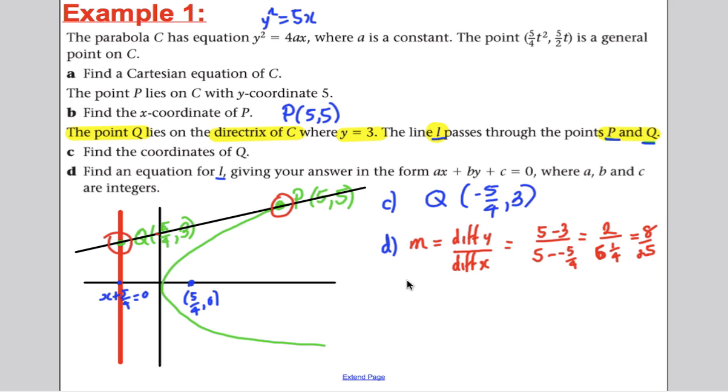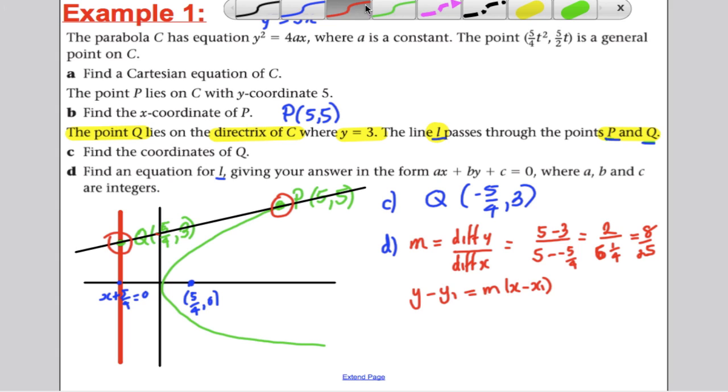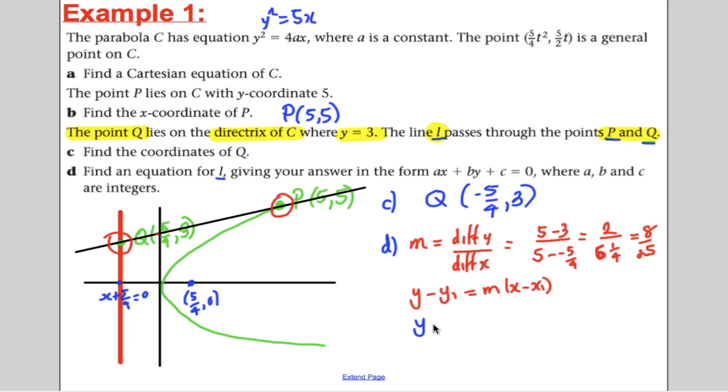Now, I know the equation of a straight line. If I know the gradient and I know a point on the line (x1, y1), it's given by the formula y minus y1 is m times (x minus x1). Now, a point on the line is either (negative 5 over 4, 3) or (5, 5). I'm going to use (5, 5) because there's no fractions there. So substituting in, y subtract 5 is equal to 8 over 25 times (x subtract 5). Multiply both sides by 25 and expand the 8 out inside the brackets.